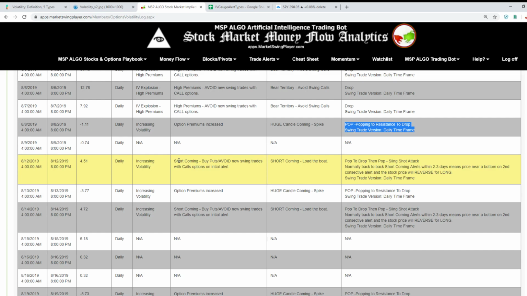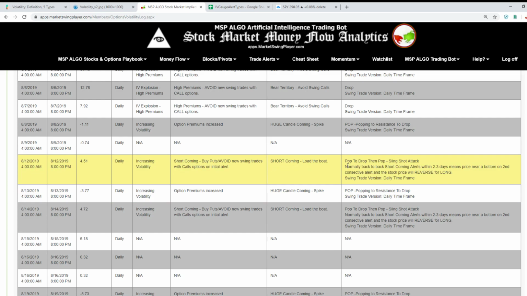In this case, we think it's going to be a short, right? So what is this app telling us? It's telling us that the anticipated price action is pop to drop, then pop. It says this is a slingshot attack.